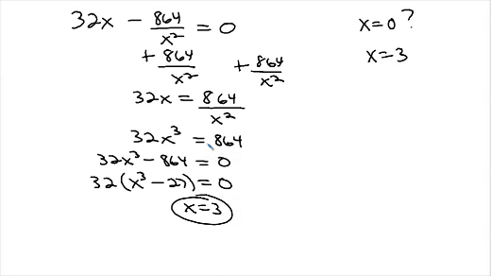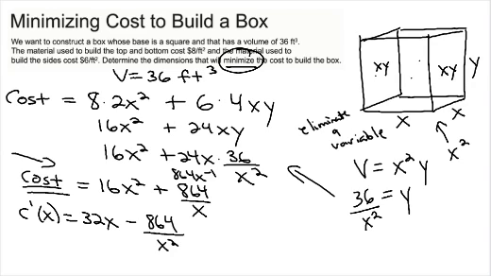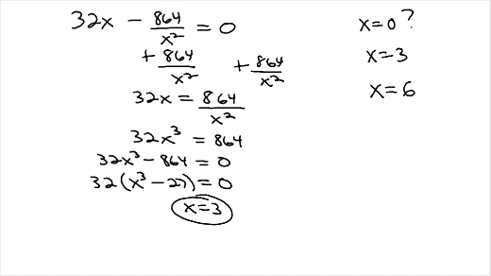Our other possibility is x equals 6. Why is that a possibility? Well, because the volume of this thing is 36. And if we think x times y, this base here cannot have anything bigger than 6, or we're not going to get to 36. So we can check 3 and we can check 6.